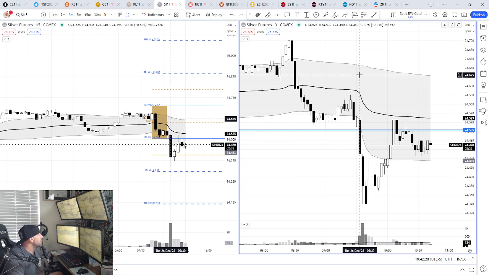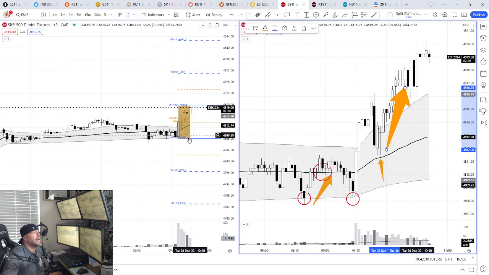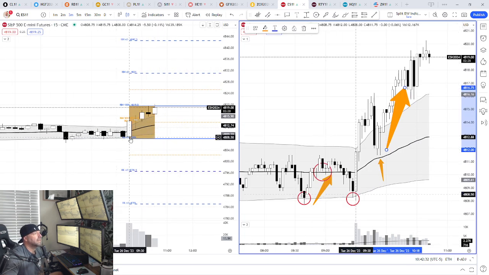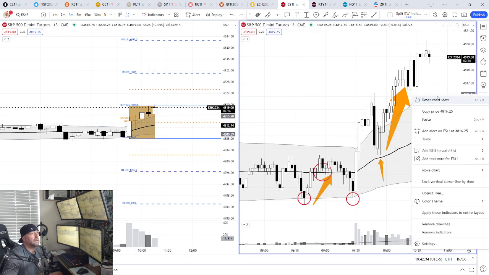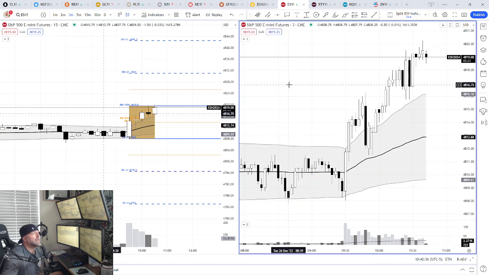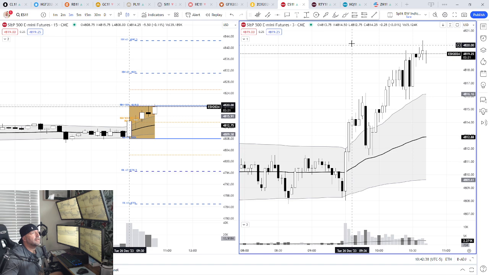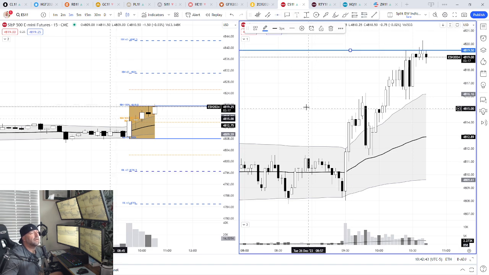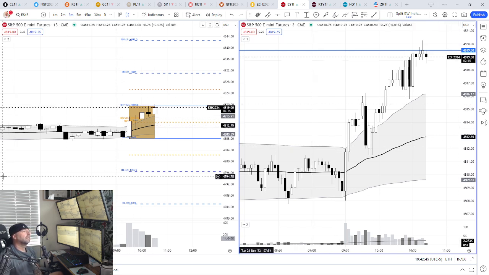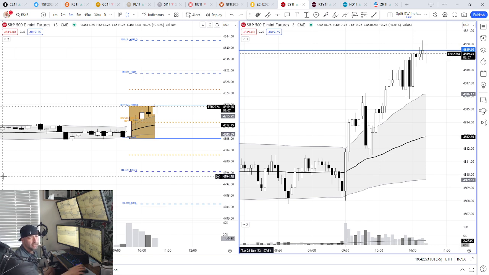All right, well, we got ES flirting with IB high here. $19.5. So that's a set level now. You know, do we range today?